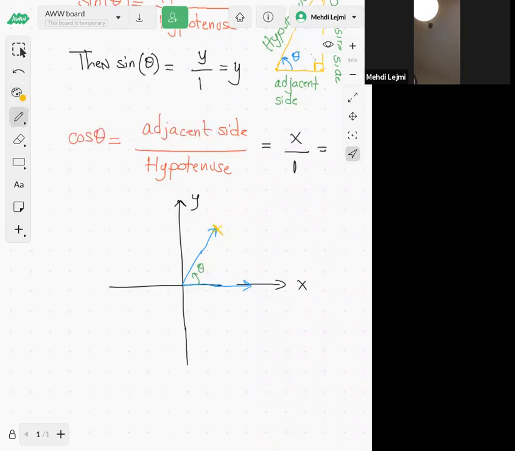You see this point here? Again, here we are taking the unit circle, so the length of this segment is equal to 1. So cosine of theta would be just the x coordinate of this point, and sine of theta would be the y coordinate of that point.